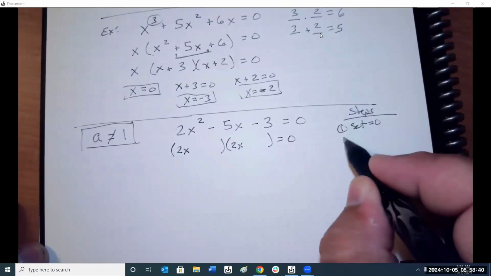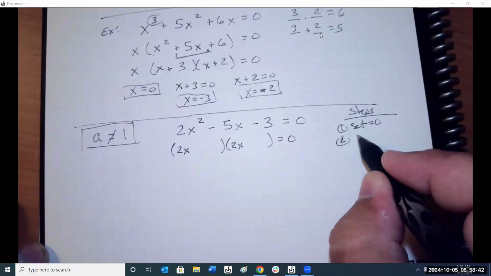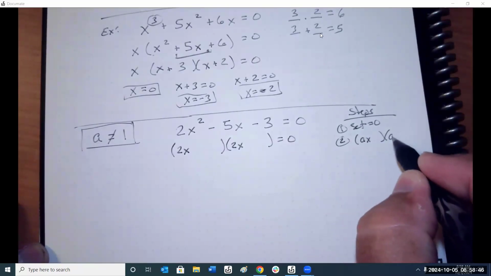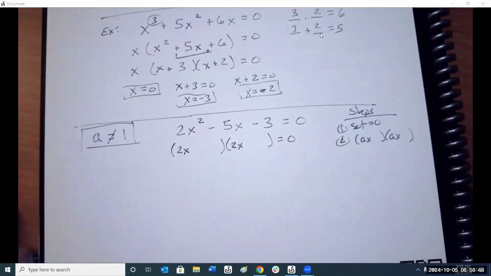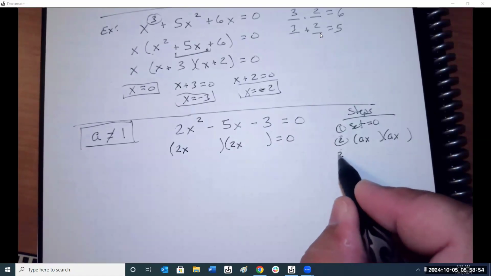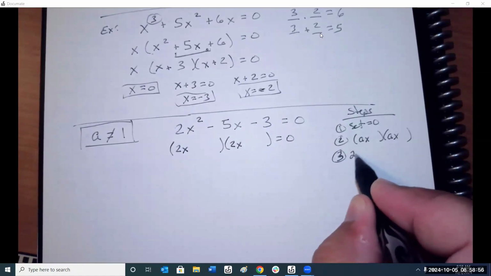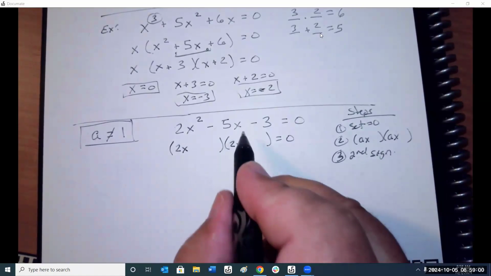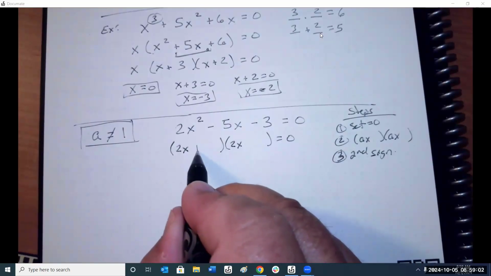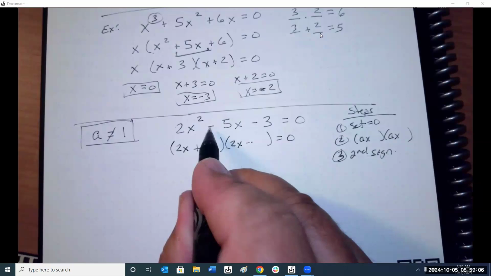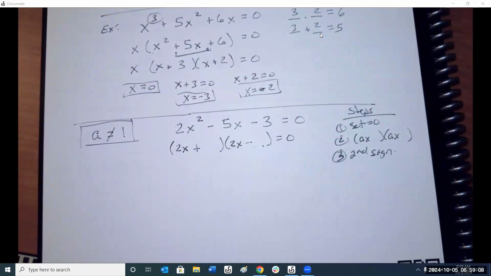Put ax into both of them, whatever the a is. The second sign test, since it's a minus, we know they have to be opposites. Since the first one's negative, the bigger number has to be the negative.